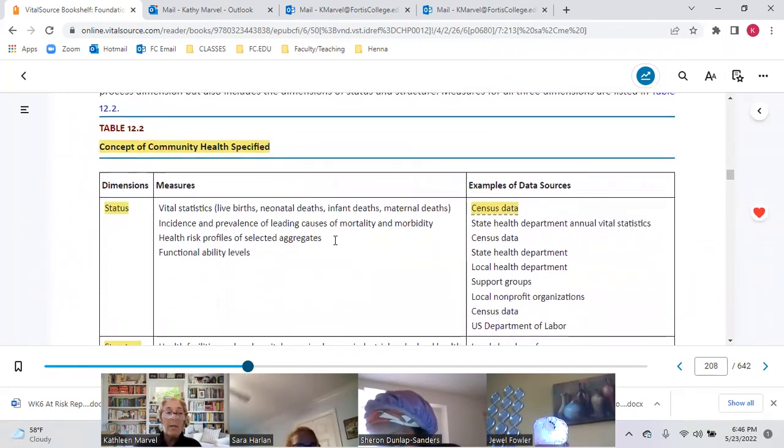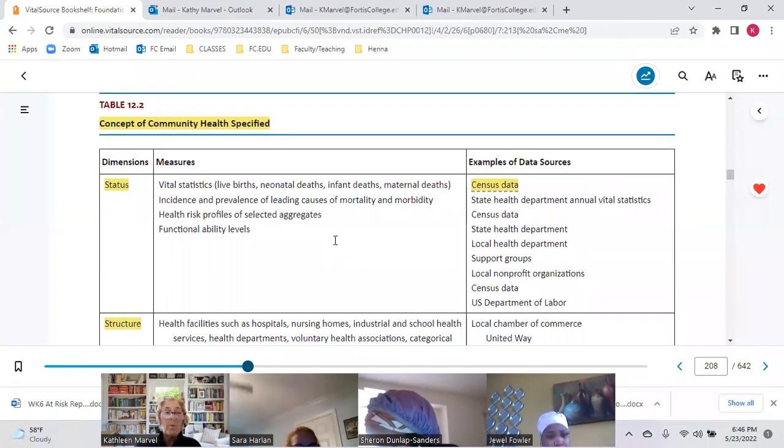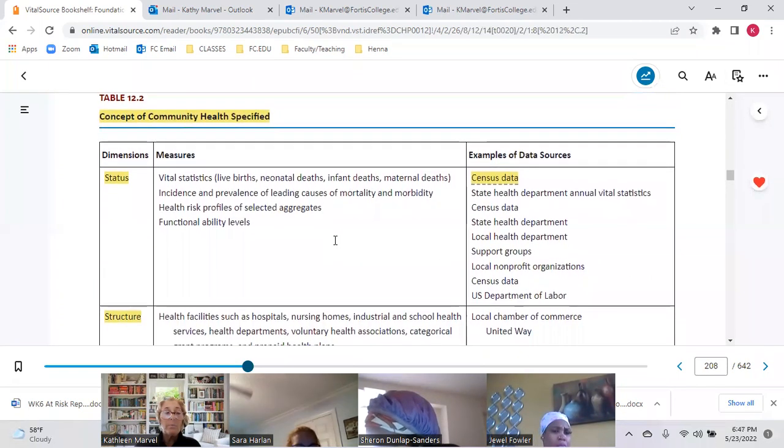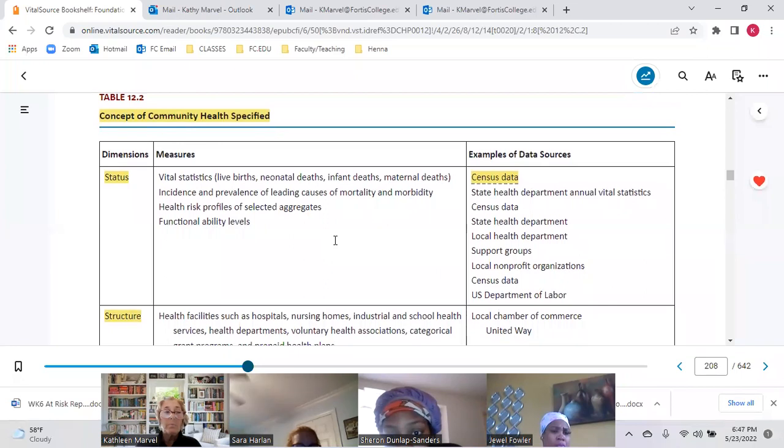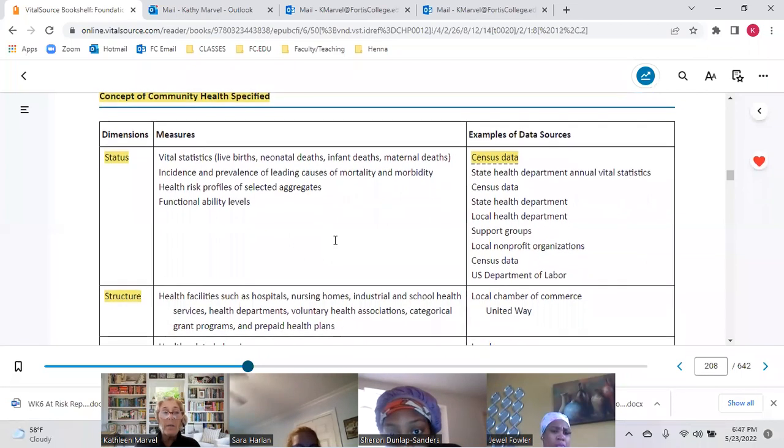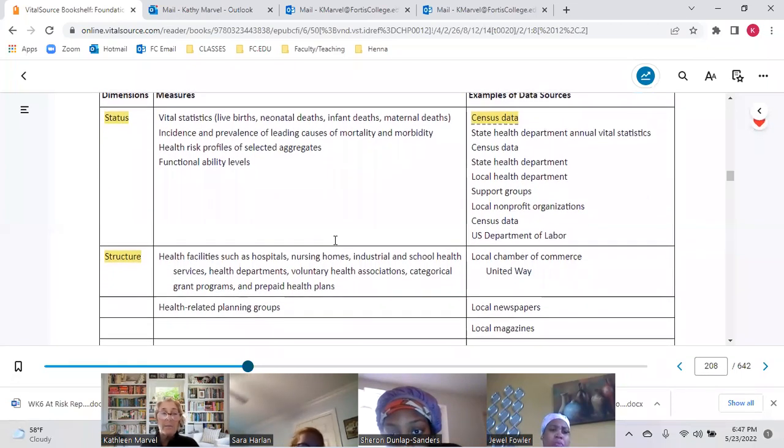And then here it is summarized in table 12.2. Okay, and it's even more specific. So the status, what are the vital statistics? What's the incidence of what are the leading causes of morbidity and mortality?